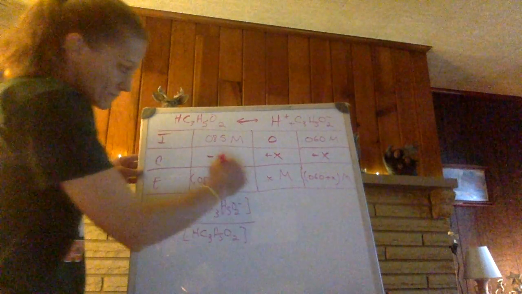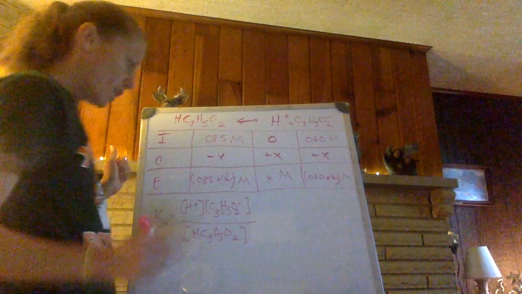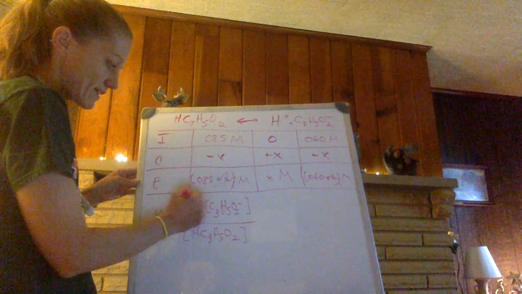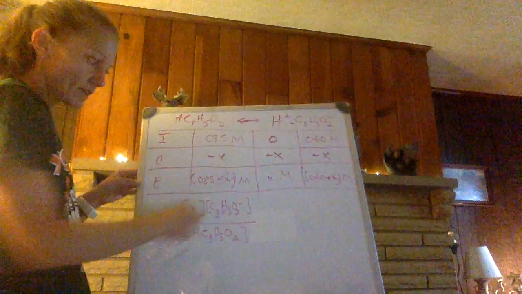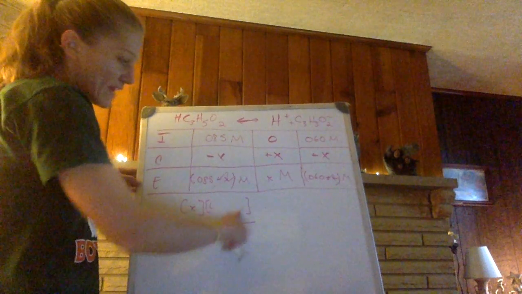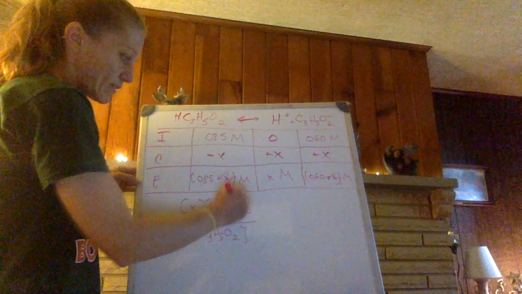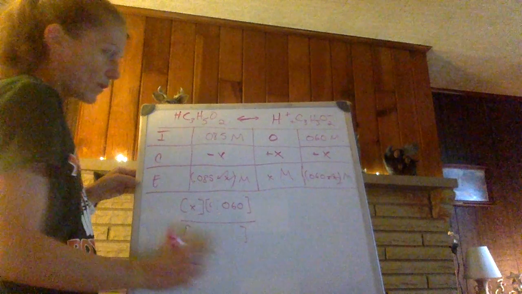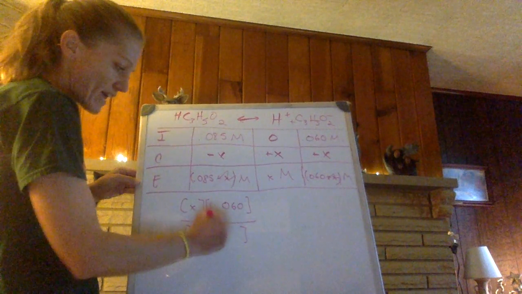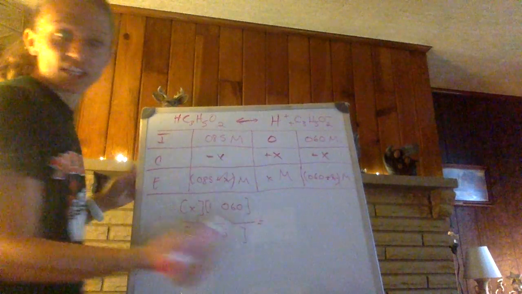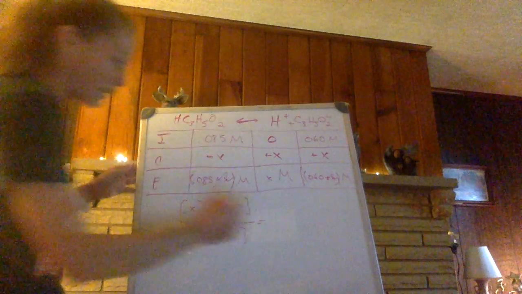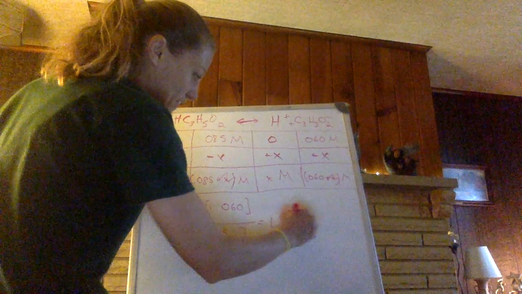So what I'm going to end up with here for my concentration of H is X. For my propionate, 0.060. And for my propionic acid, 0.085, equal to the Ka I gave you. When I went to do this, I did not have a Ka value. I was using the book, and I was sad.